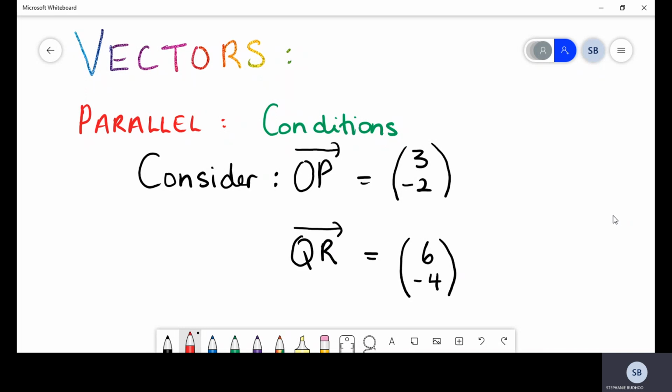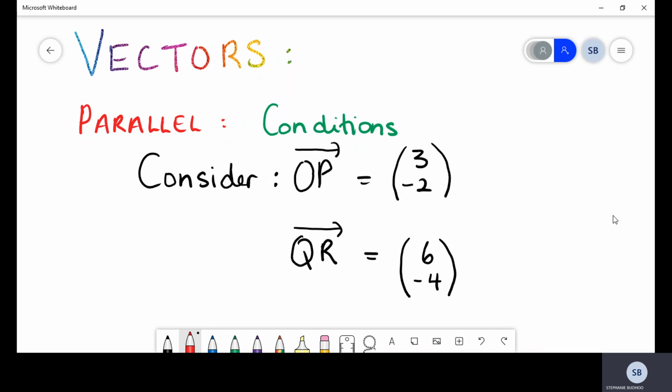Now on screen, I have written two vectors OP being equal to 3, -2, and QR being equal to 6, -4. Now, how do we test whether two vectors are parallel? Well, it's rather easy.